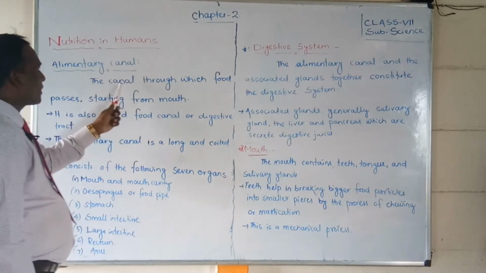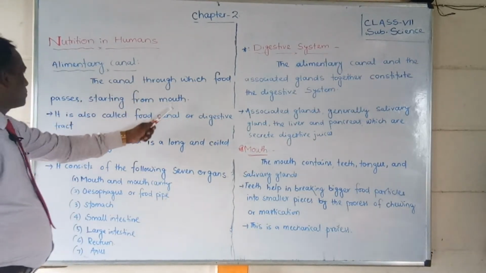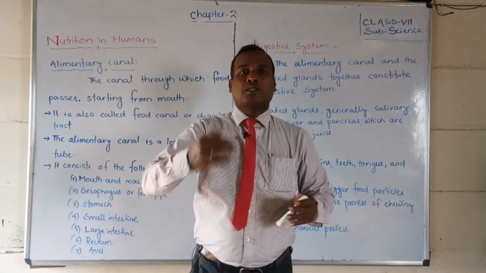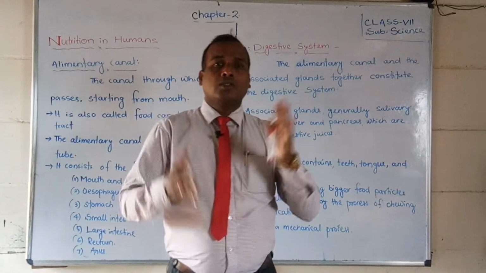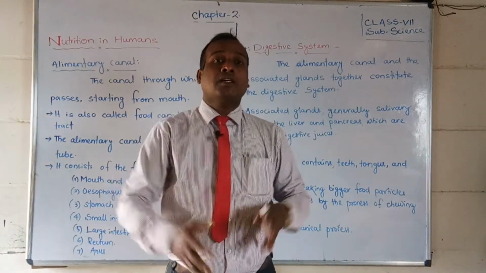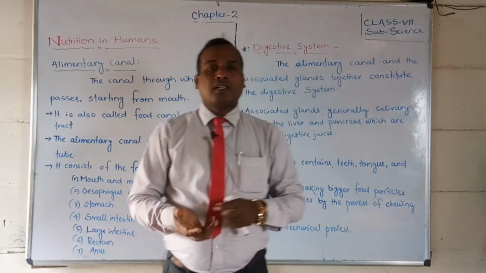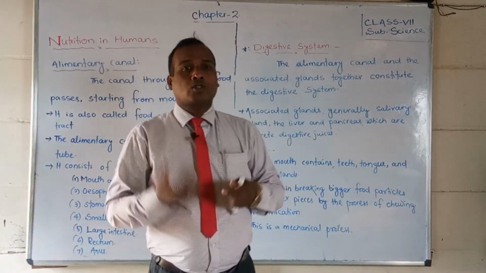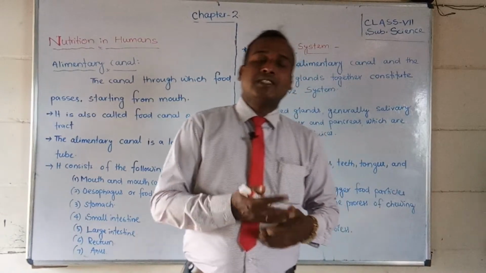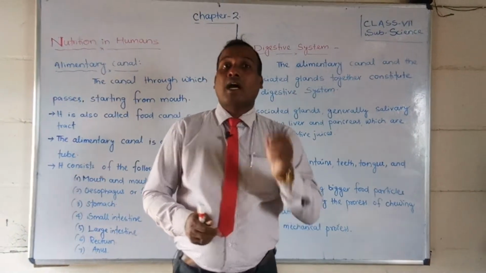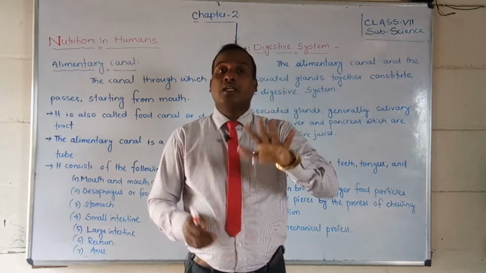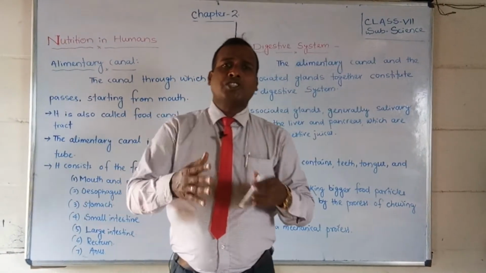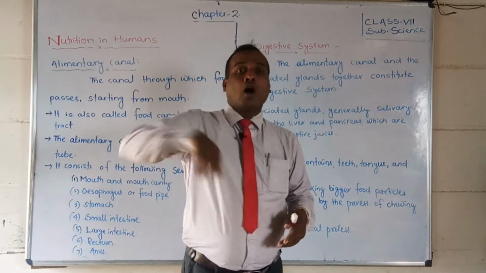It is the canal through which food passes, starting from the mouth up to the anus, where waste materials come out. Seven organs make up this alimentary canal: first the buccal cavity or mouth, second the esophagus, third the stomach, fourth the small intestine, fifth the large intestine, sixth the rectum, and seventh the anus. The alimentary canal is a tube-like structure consisting of 7 organs, from mouth to anus.